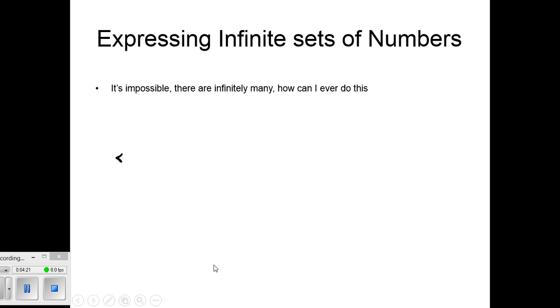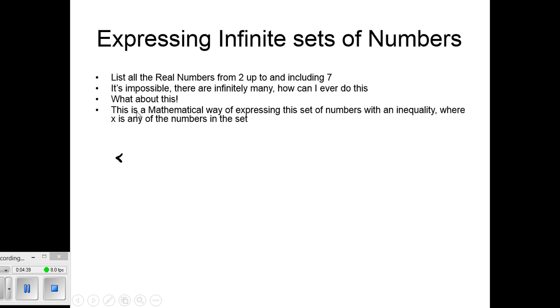So here's the problem at hand. List all the real numbers from 2 up to and including 7. It's impossible. There are infinitely many, so you can't list them. Instead we're going to write an expression that implies all of them. Let's look at a couple of ways in which we can express them. This is an inequality expression.